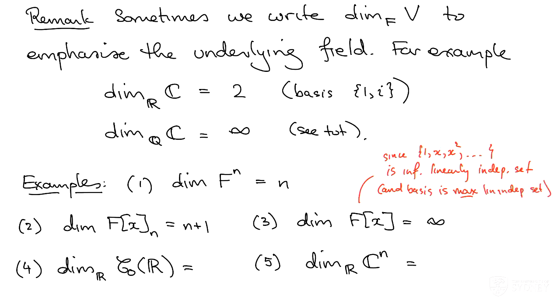So I should have just said that it's a basis actually. See, the point I'm trying to make by writing it like that is that as soon as you find infinitely many linearly independent things, that means you've got infinite dimensions.